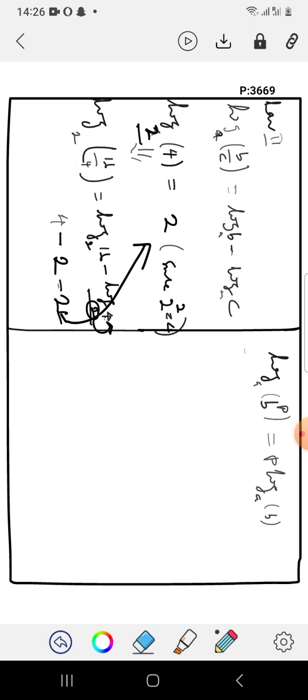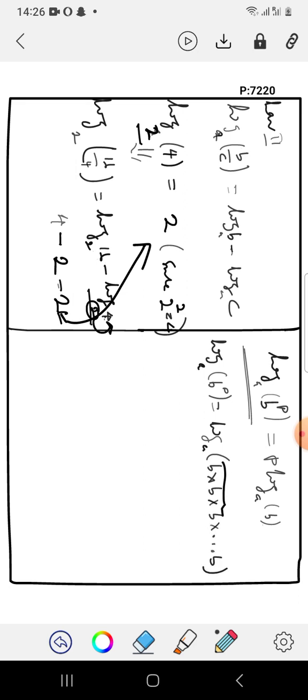We will apply the first law, the law of product, to this one. So log a of b raised to the power p is the same thing as log a of b times b times b times b, p times.